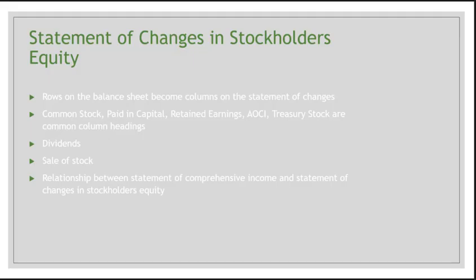And we also want to remember that we have a statement of comprehensive income now, and the other comprehensive income is part of that. So there's two pieces to the statement of comprehensive income. There's the net income, and there's the other comprehensive income.